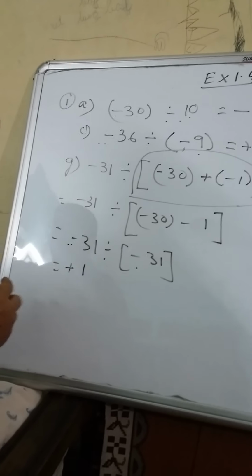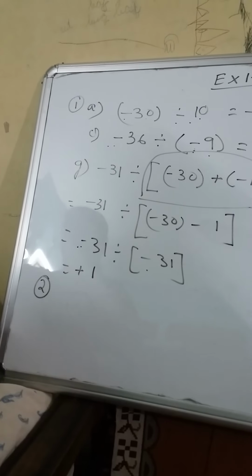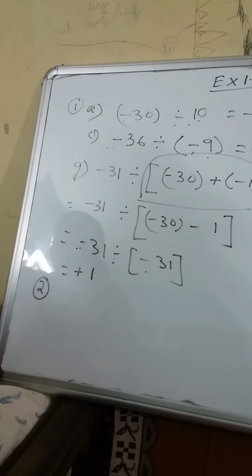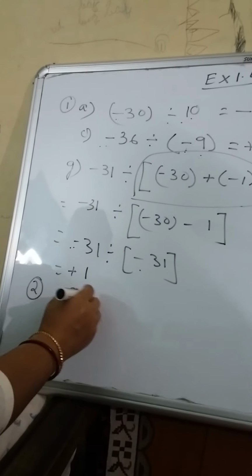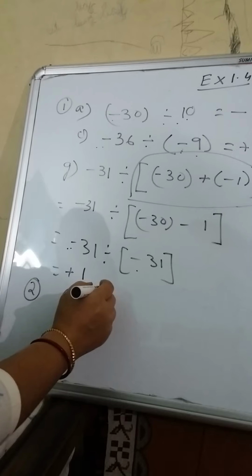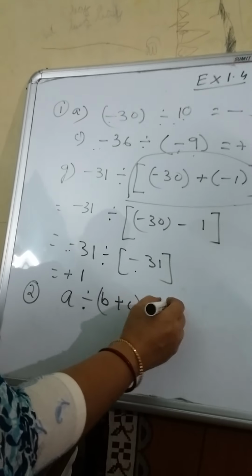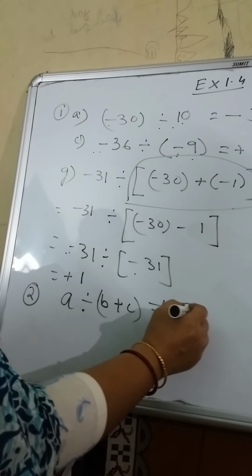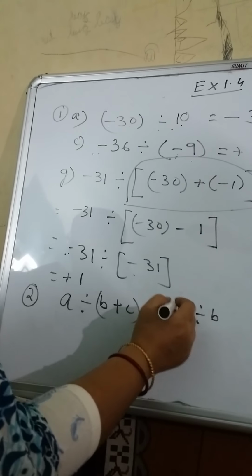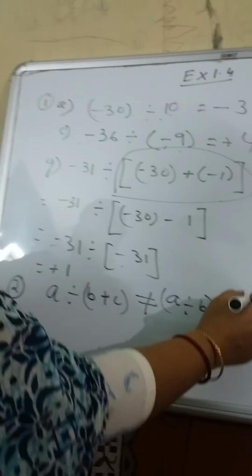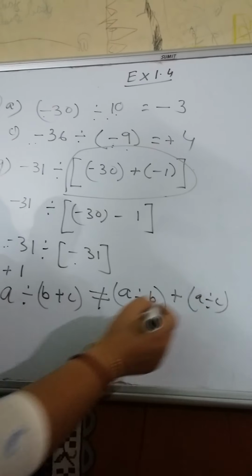Next, question number 2. Verify that a divided by (b plus c) is not equal to a divided by b plus a divided by c.